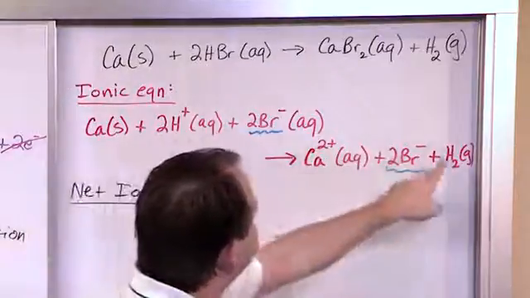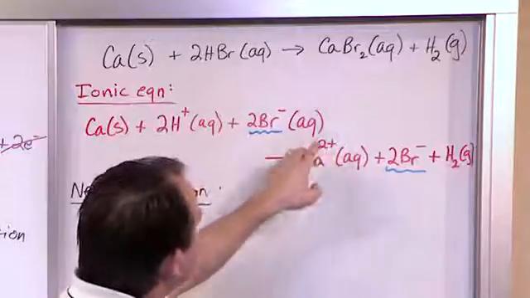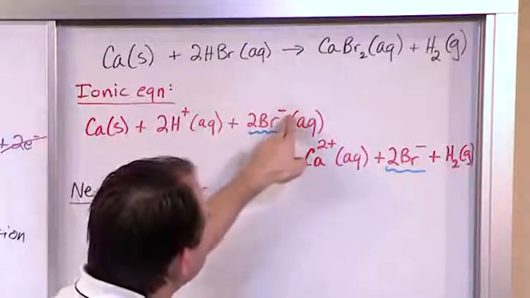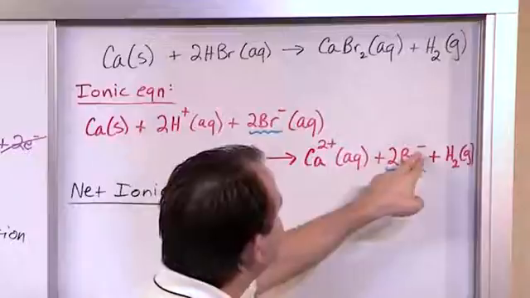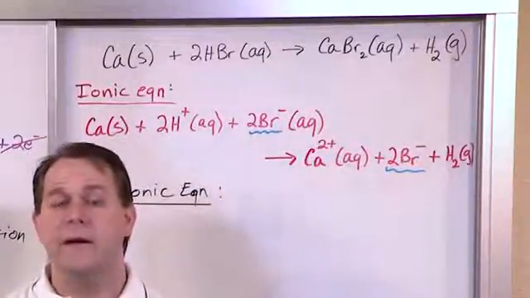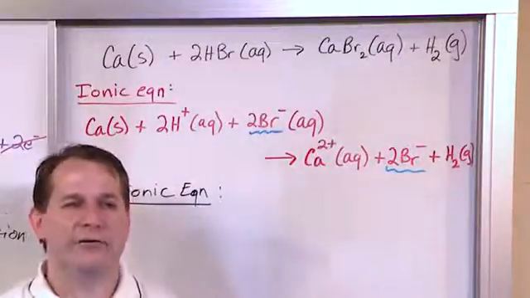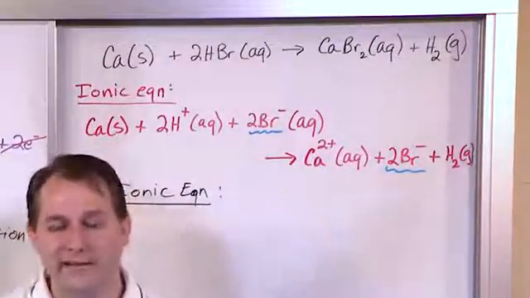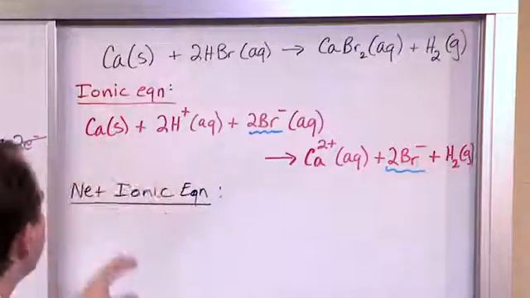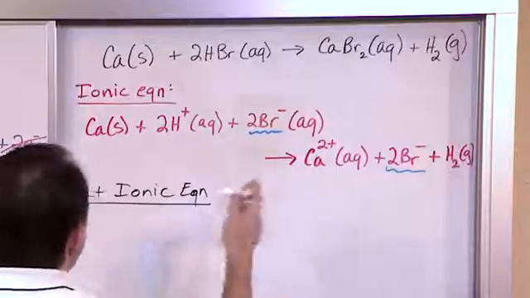Notice the H+ becomes hydrogen gas. Notice the calcium becomes calcium ion. But the 2 bromines with the negative charge exist on both sides of the yield sign. So we learned before that those are spectator ions. Those are ions that are just hanging around the solution, but they're not actually participating in the reaction. So when you go from ionic to net ionic, you just take away the spectator ions.